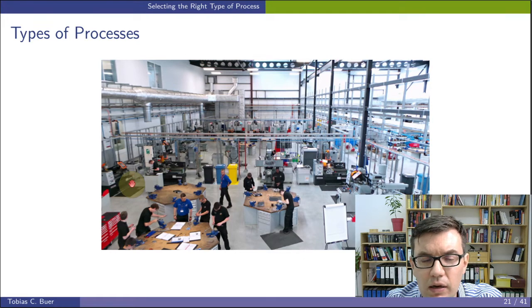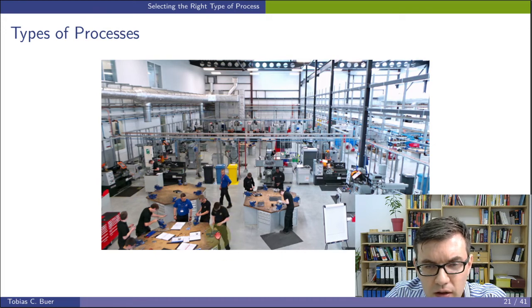Here is another example of a manufacturing process. You see here are several workers in these black shirts, some guys in blue shirts, maybe these are their supervisors, I'm not sure. And you see that these workers are performing tasks on some machines.